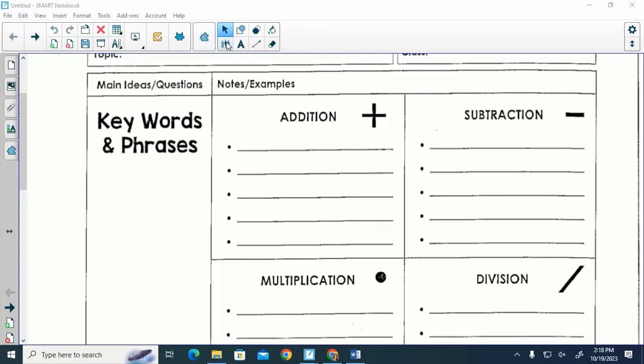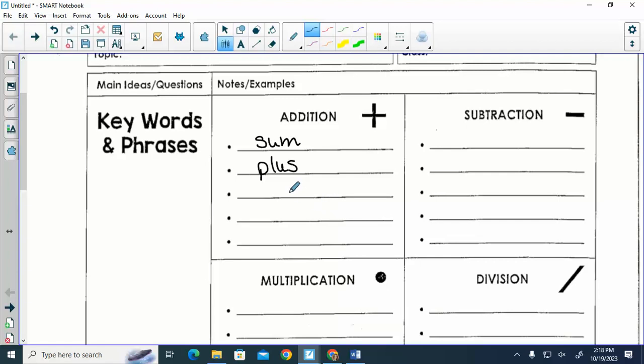Addition, I might say the sum. I heard someone say plus. I might say added to, more than, increased by.